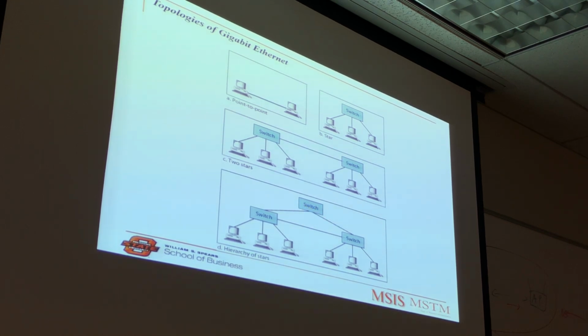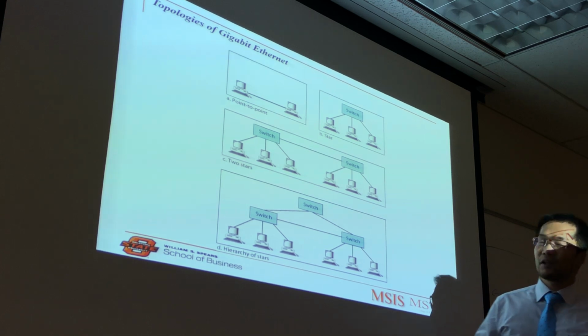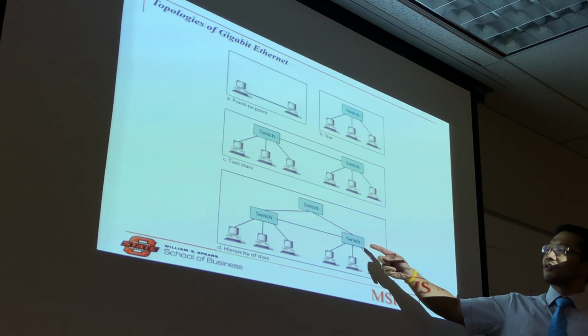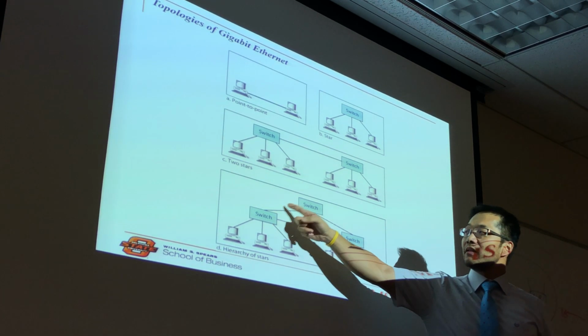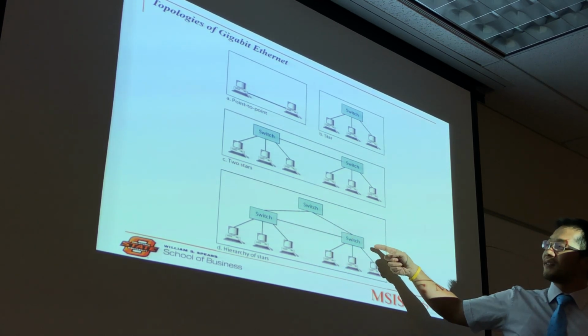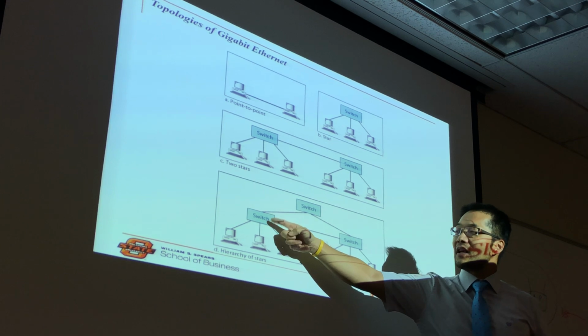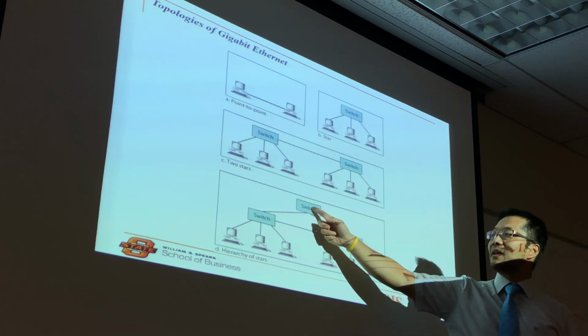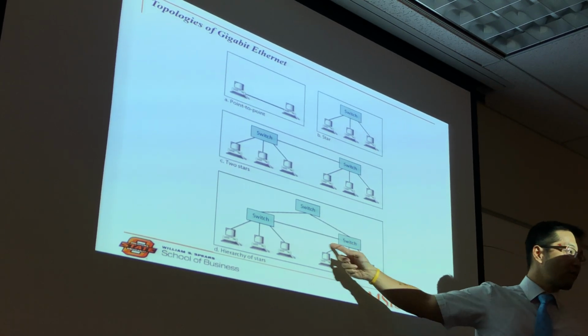Another thing to be worried about when you are using switches: switches are smart, but not so smart. It is smart enough to make a mistake. What mistake? A looping mistake. There can be a loop between multiple switches, right? If we send something here, that frame can be passed back to this and then back to here. So that's a loop.